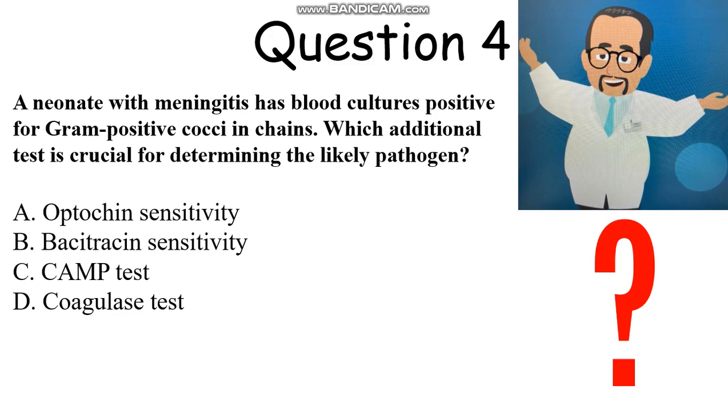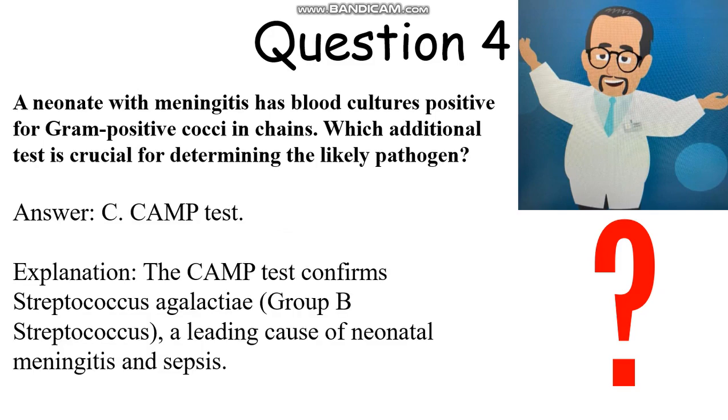Which additional test is crucial for determining the likely pathogen? Optochin, bacitracin, CAMP, or coagulase? The answer is the CAMP test. The CAMP test confirms Streptococcus agalactiae, group B Streptococcus, which is a leading cause of neonatal meningitis and sepsis.